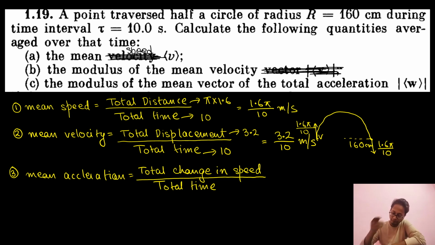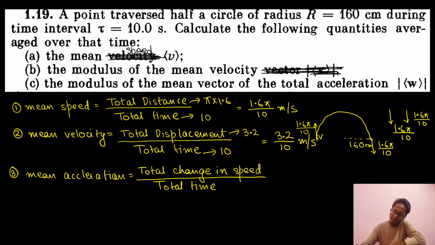What is the change in velocity vector? See, at this point, final velocity is pointing in downward direction, which is nothing but 1.6 pi by 10. The initial velocity is pointing in upward direction, and minus of upward direction is downward direction. So it is nothing but 1.6 pi by 10.